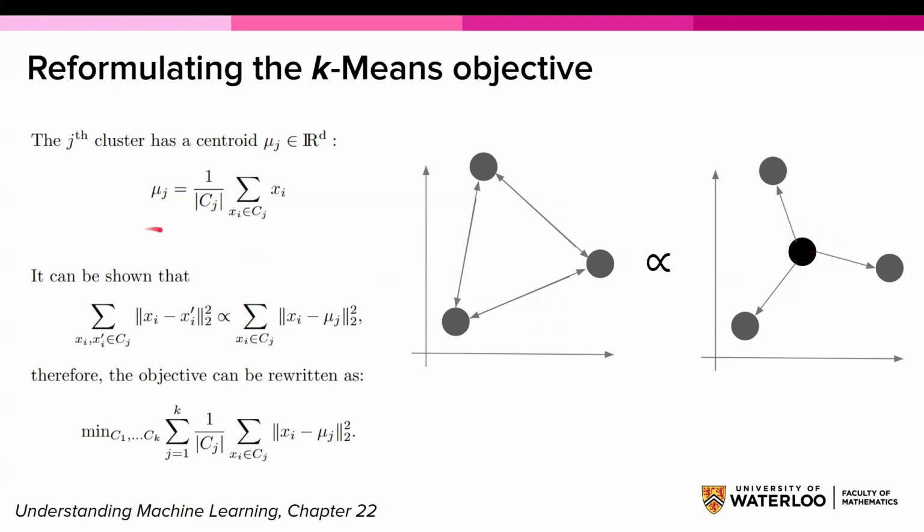So I've denoted that mu sub j, and so the centroid is the mean of the coordinates of a set of points. And so the k-means objective can therefore be rewritten to minimize the sum of squared distances to the cluster centroid, averaged over all clusters. So yeah, in k-means, we partition the data into disjoint sets, and then each set is represented by its centroid, mu j.